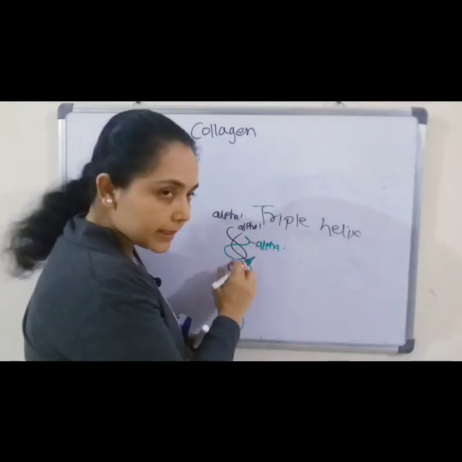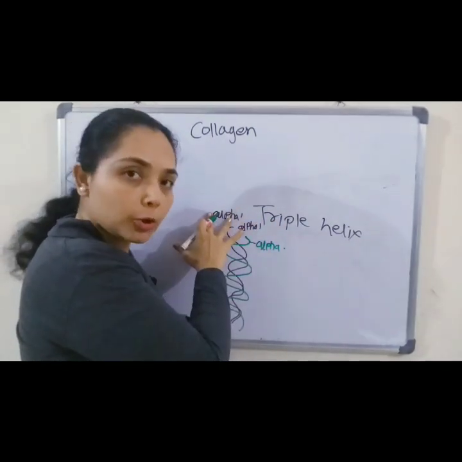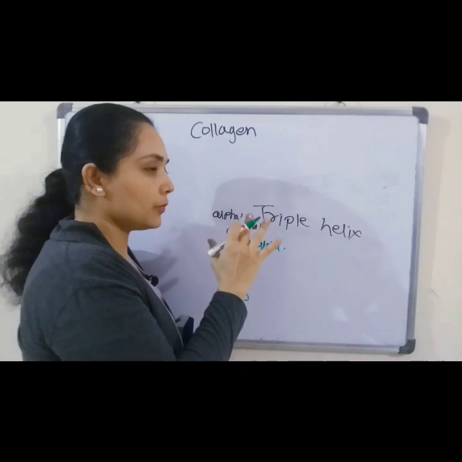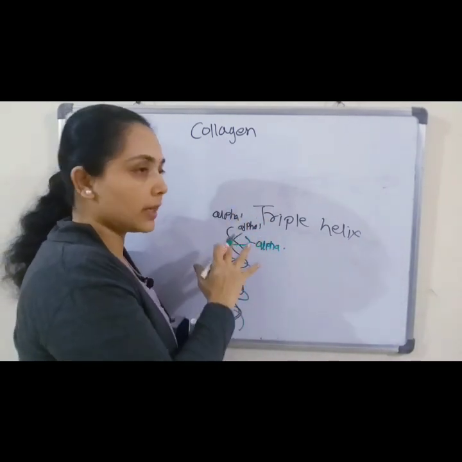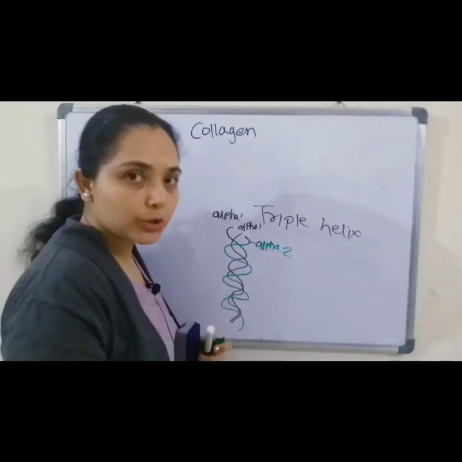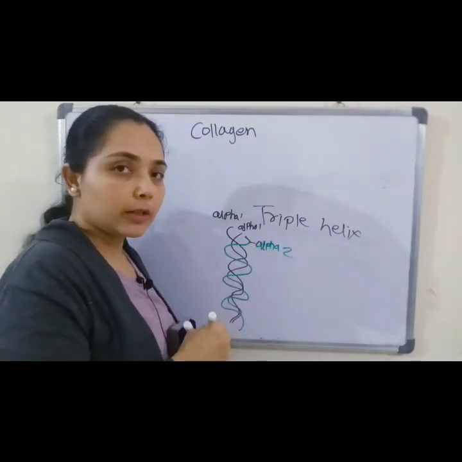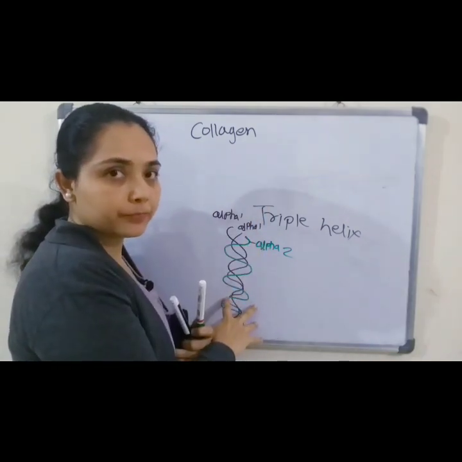Why? Because this chain is somewhat different from the other two chains. So in type 1 collagen, which is 90% present, there are two alpha 1 chains, similar in chemical composition, and one alpha 2 chain. They are coiled together around each other and form the triple helix.